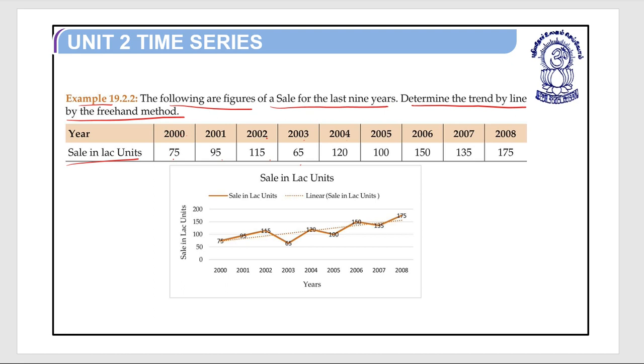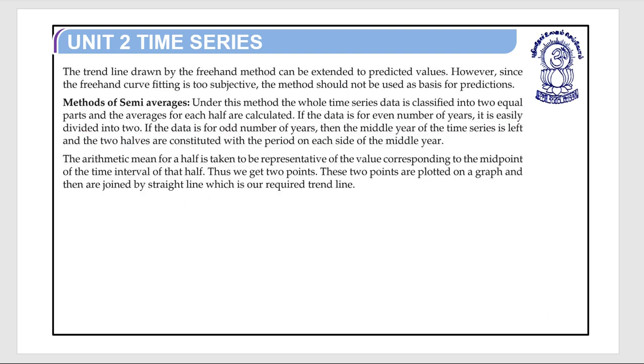Plot the graph of years against sales in lakh units, mention the years, plot the points and then connect the line. So you can get this graph. The trend line drawn by the freehand method can be extended to predict values. However, since freehand curve fitting is too subjective, the method should not be used as a basis for predictions.